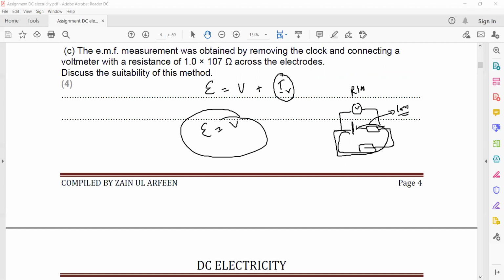So how do you write this answer? You mention the voltmeter has a very high resistance compared to the internal resistance, so negligible current or no current will flow through the circuit. So no voltage drop internally and all the voltage drop is external, which will be equal to the electromotive force, or EMF.